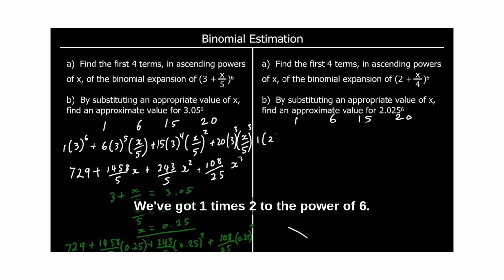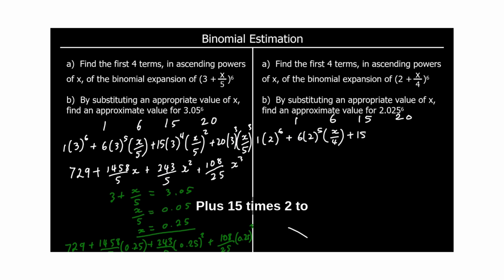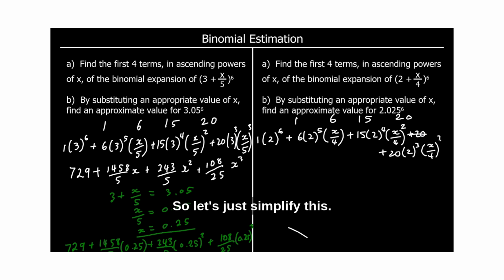We've got 1 times 2 to the power of 6 plus 6 times 2 to the power of 5 times x over 4 to the power of 1 plus 15 times 2 to the power of 4 times x over 4 squared plus 20 times 2 cubed times x over 4 cubed.